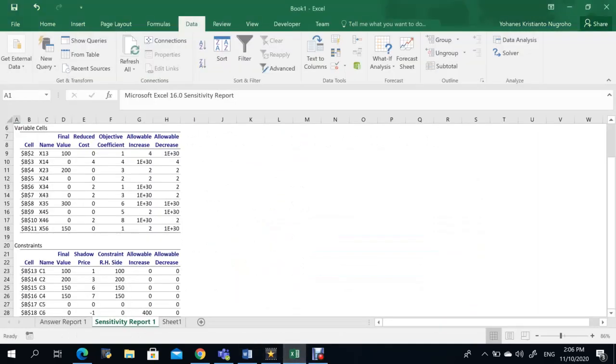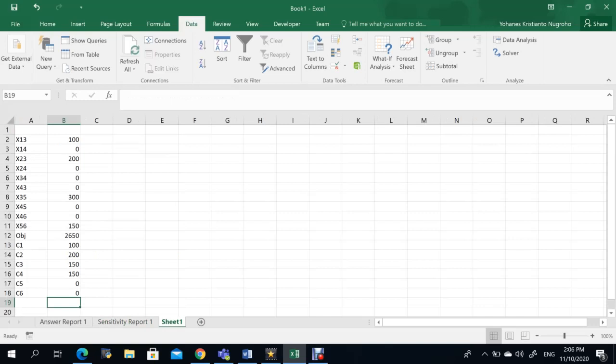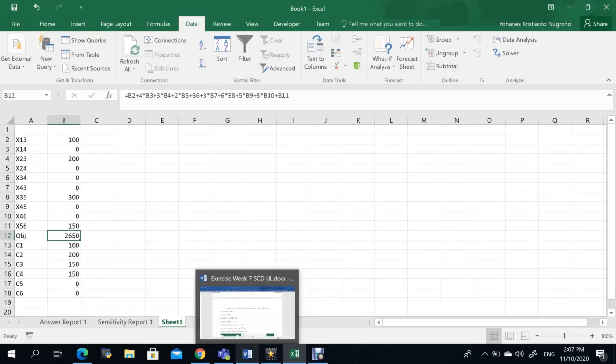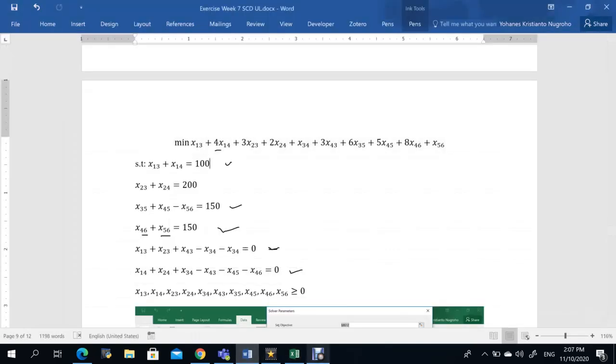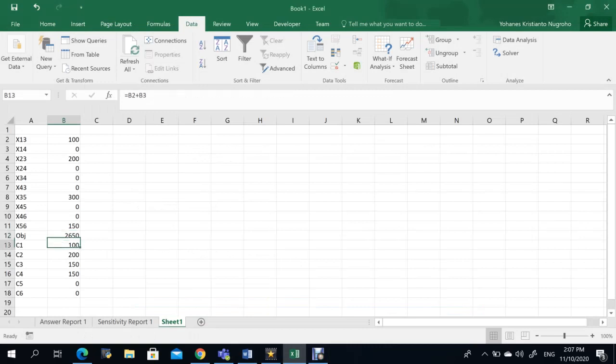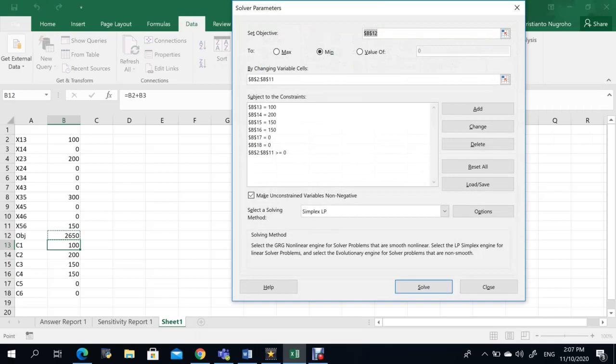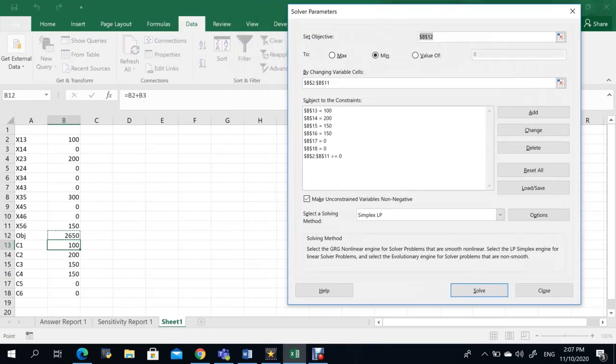I have composed it as follows. For the objective function, I follow the problem formulation, and also the constraints, from constraint number 1 to constraint number 6, and I set the parameters using the Excel solver parameter settings window.